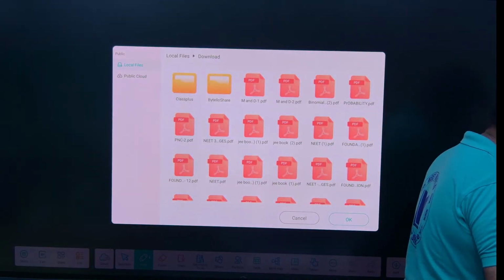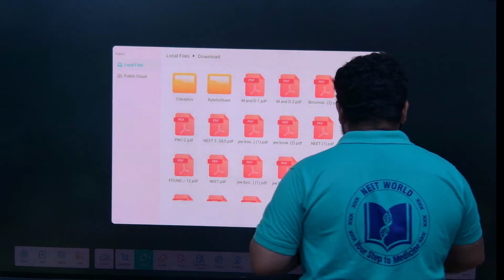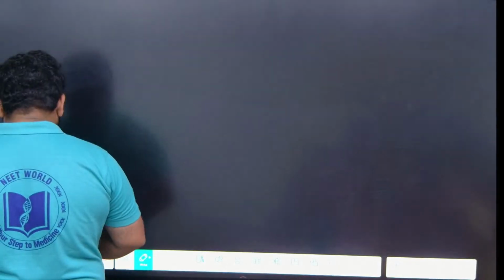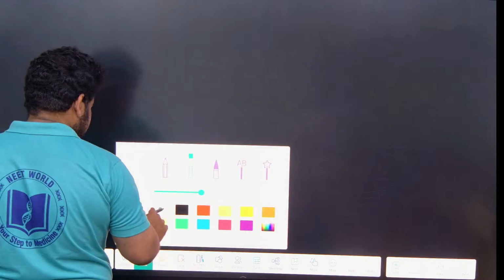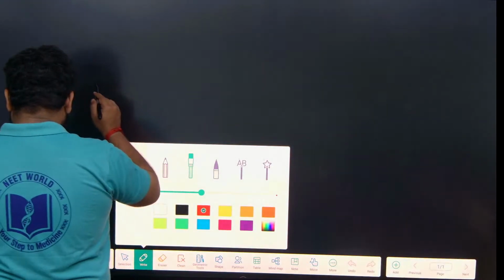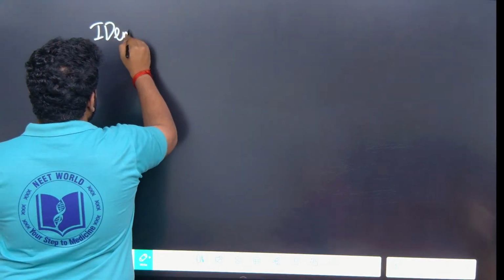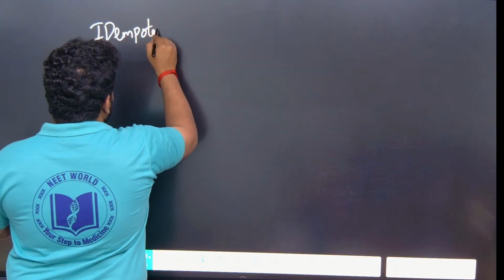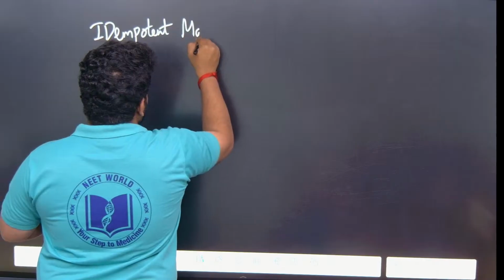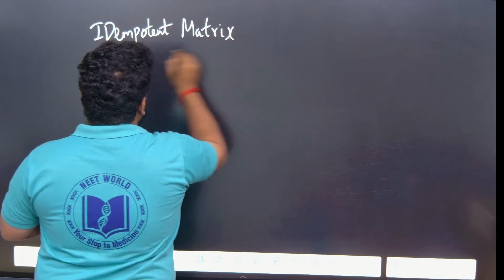So, first concept we are dealing with, when we talk about matrices, is the idempotent matrix. Some more matrices we are going to learn now. Idempotent matrix.